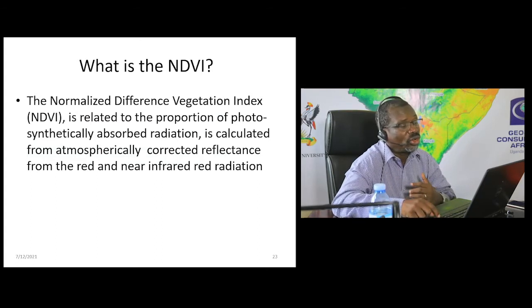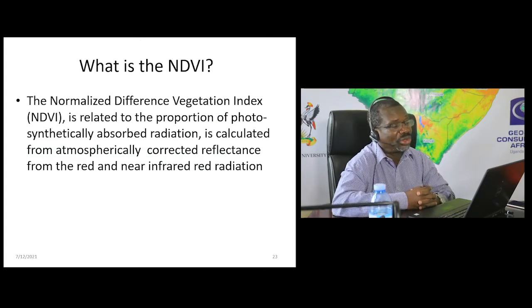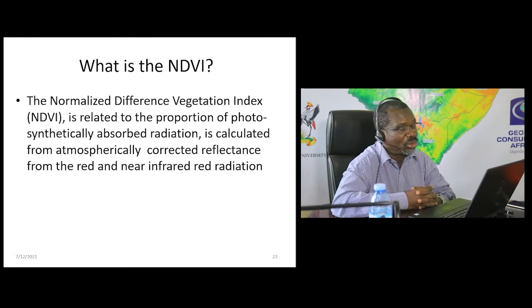As I said, the normalized difference vegetation index is the most important indicator for vegetation. And as we know, it is computed based on the red window and the near infrared bands.